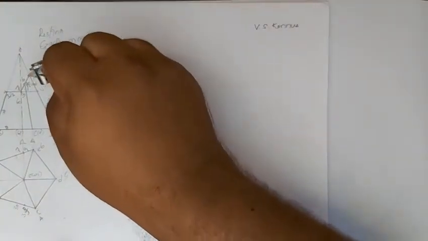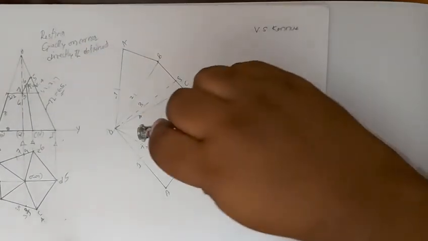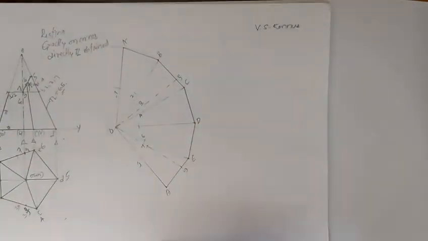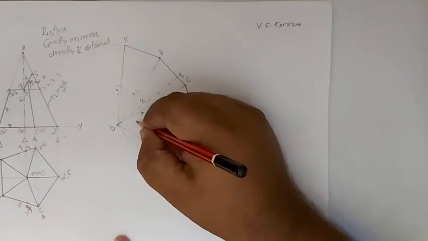Fifth point, so it is on D. So this point is called the 5th point.